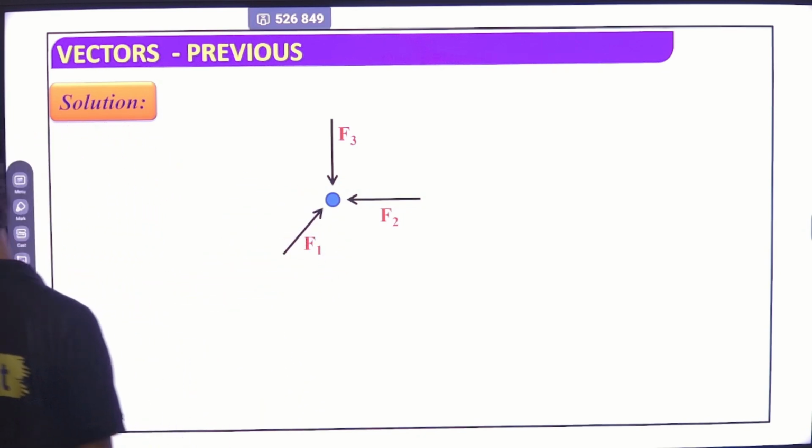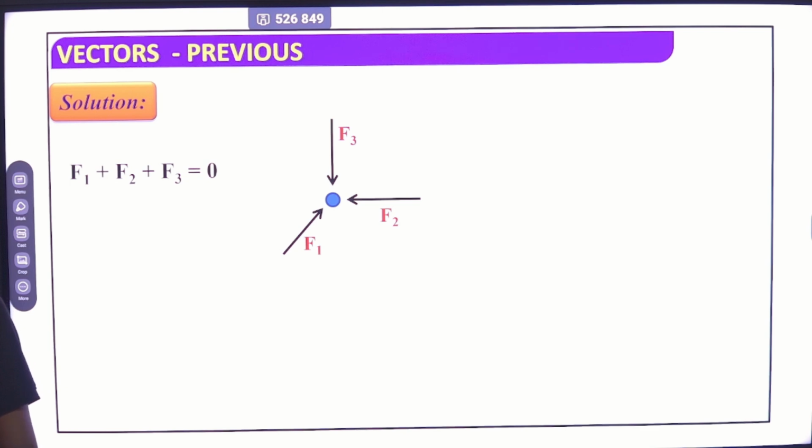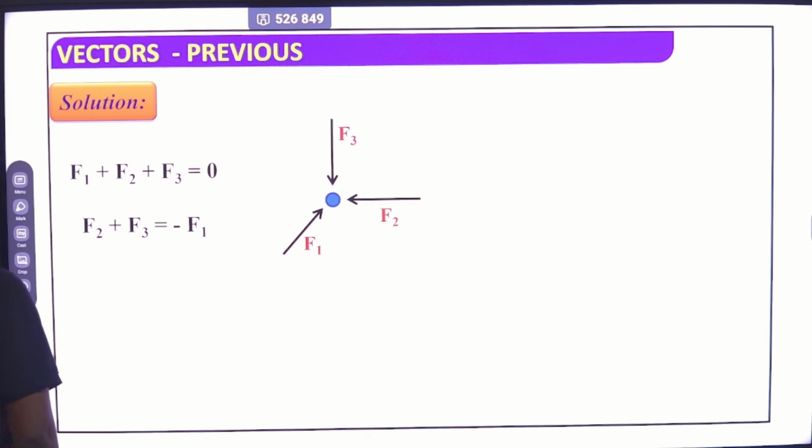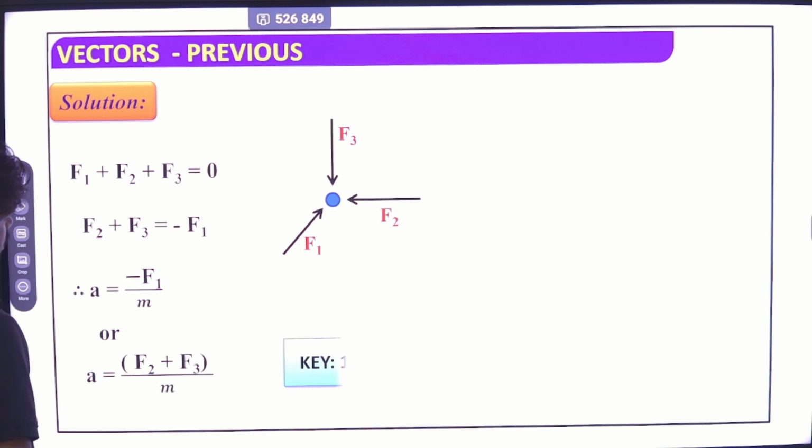Now they are saying that this force is removed. Obviously the net force was 0, then only the particle is at rest, as I told initially also. So from here we get F2 plus F3 is equal to minus F1. Now the acceleration will be minus F1 by m or F2 plus F3 by m. Clear? Simple.